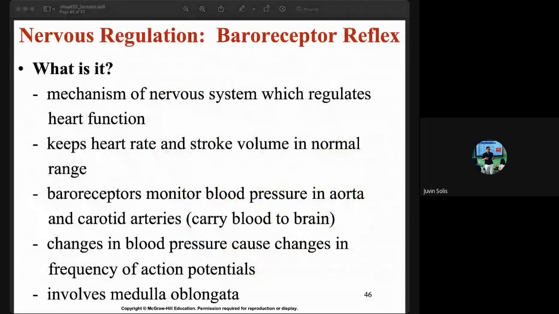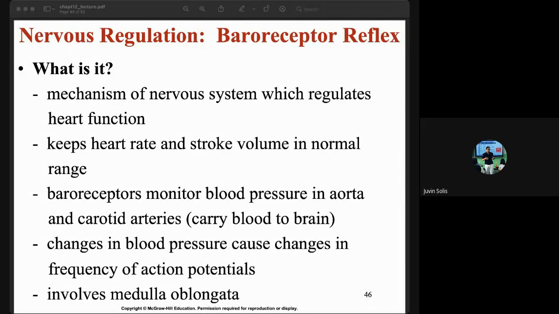Next one here, the nervous regulation or the baroreceptor reflex. So ano itong tinatawag natin na baroreceptor reflex? These are the mechanisms of the nervous system which regulate the heart function. Okay? Keeps heart rate and stroke volume in normal range.